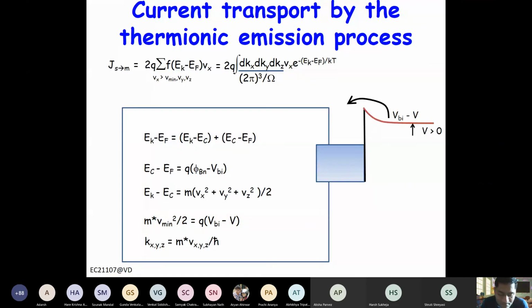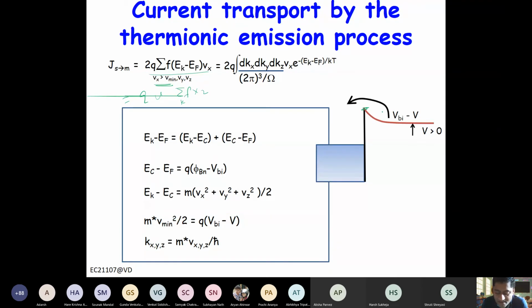So the current J is given as Q times V times N, right? Now N is sigma F over k. Now each F can have 2 electrons, so you get 2 times F QV, right? So this is what we have written here. Now only the carriers where the velocity, or the energy, is more than this barrier can cross over this barrier, right?